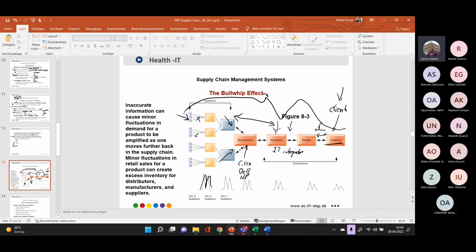And if an ERP system is not well integrated, this is why ERP integration is very important, such problems can happen, and it can happen across all industries. It's not just the IT industry. It can happen for food, nutrition, health, automobile, so almost everything. And this is independent from an ERP system. The ERP system is the basis, but even the ERP system is based on the information you put in.